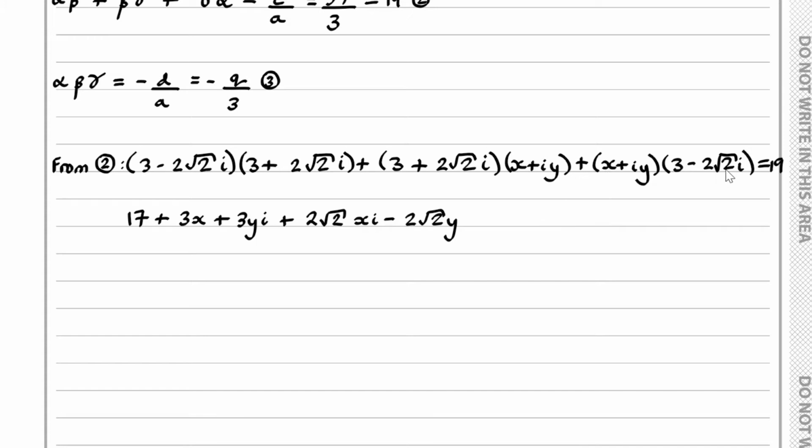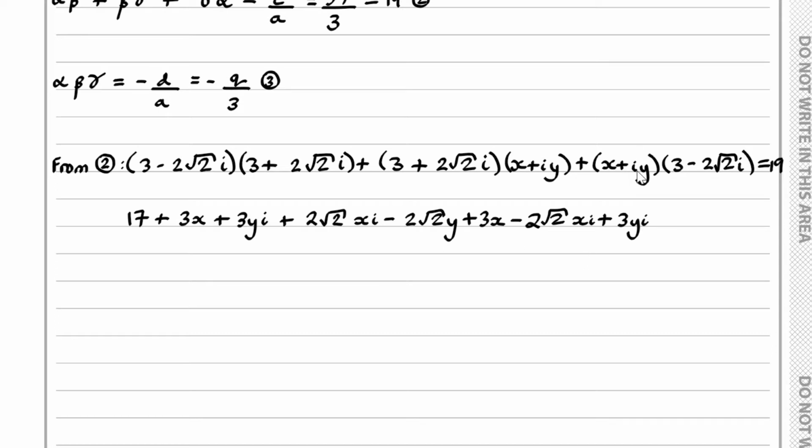Then for the bracket over here, we've got x times 3, so that's 3x. And then we've got x times minus 2 root 2 i, so we've got minus 2 root 2 x i. And then we've got iy times 3, so that's plus 3y i.